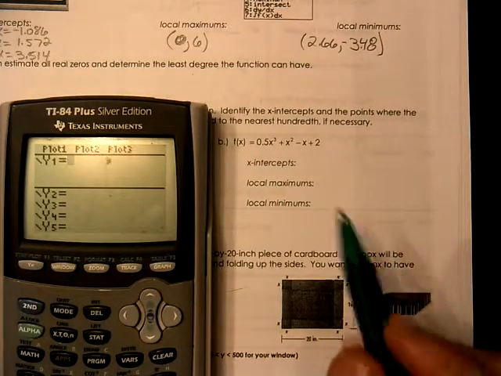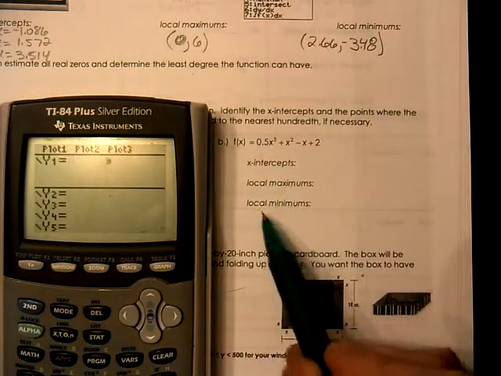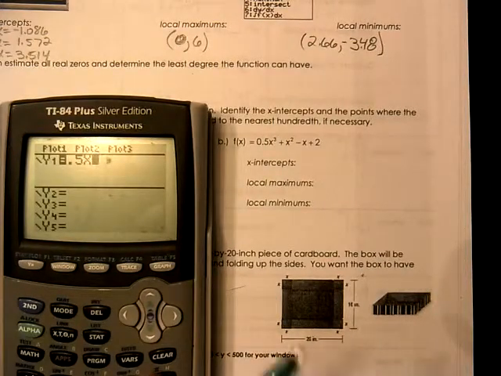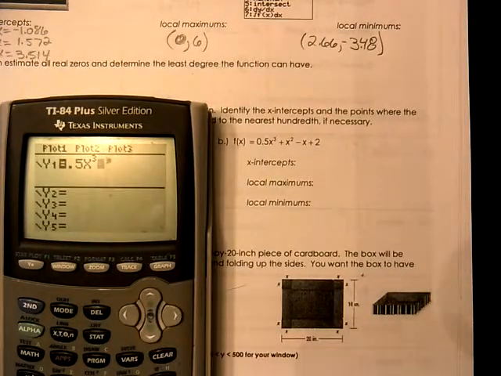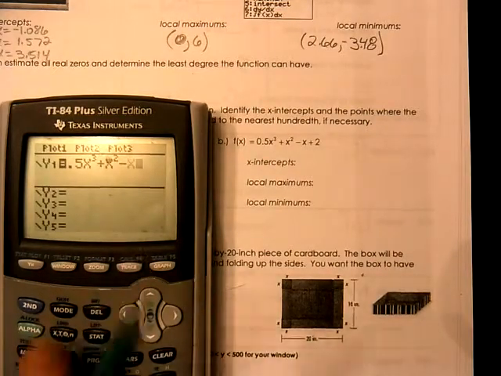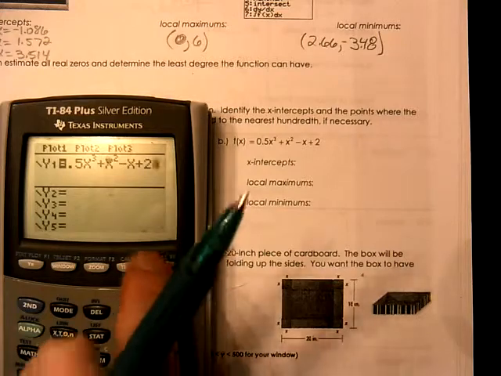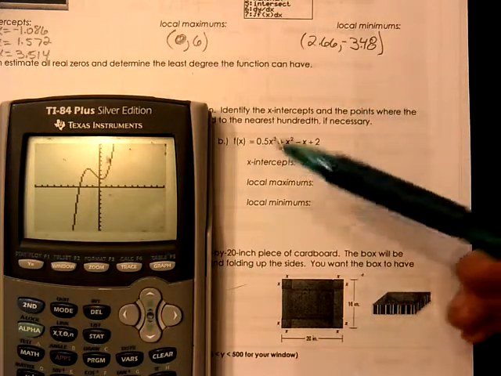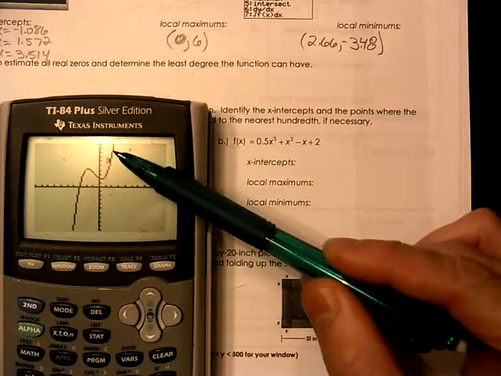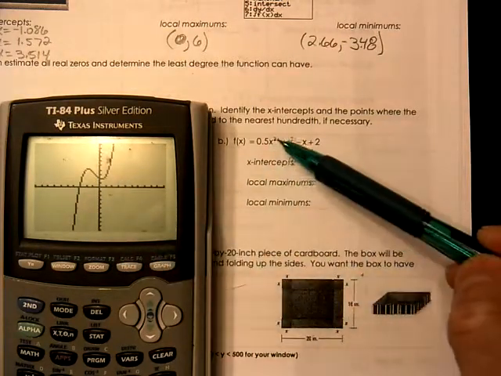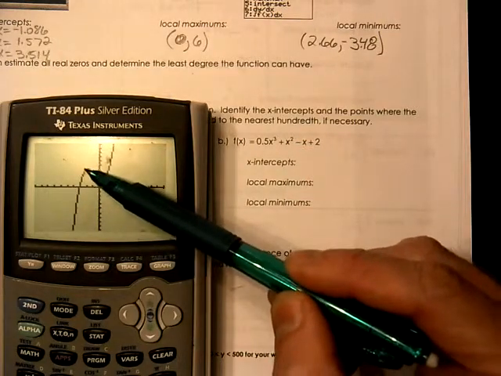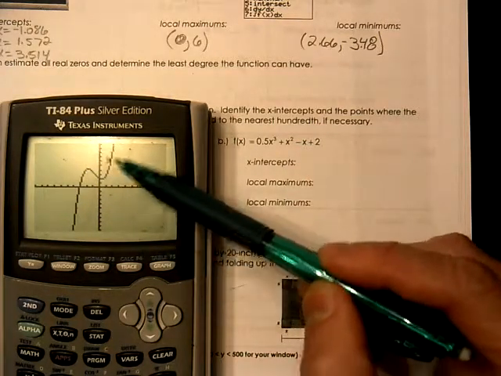On our next problem, we're finding the x-intercepts, the local maximums and local minimums. So we type in our equation. And we notice that our cubic equation could have a maximum of 3 x-intercepts. This one only has 1. It has a maximum and a minimum.